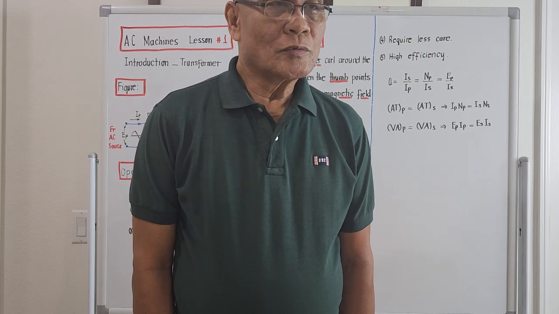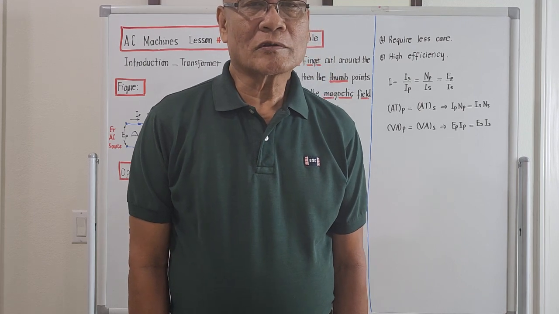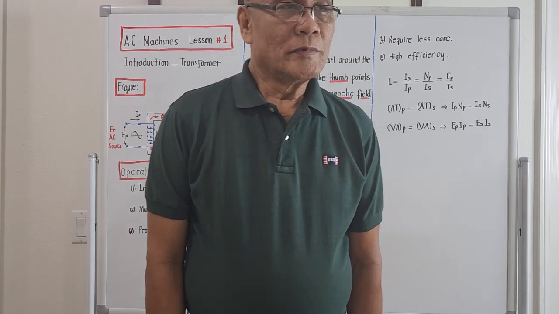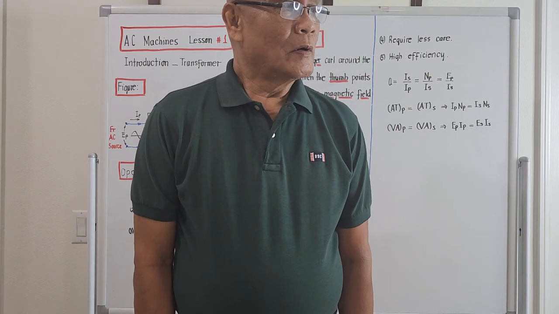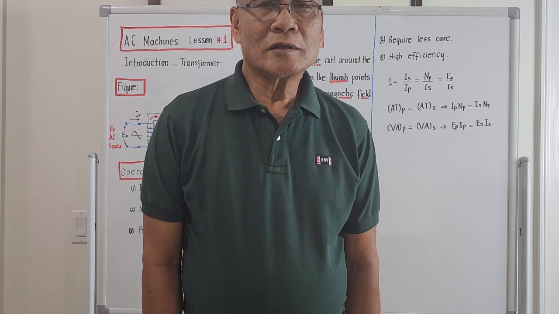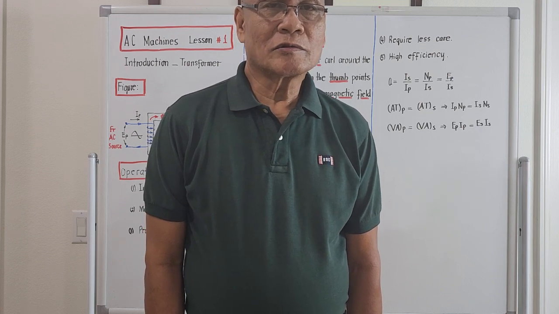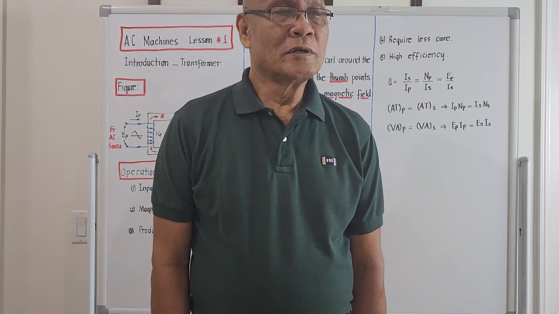Number two will be transformers, which are either single phase or three phase transformers, meant to deliver the voltages to household clients. Okay, we need transformers. So the number two AC machine that we will be discussing here is transformers.